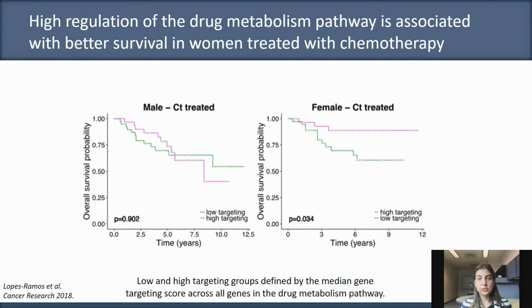All right? So to summarize, what this means is that females with a more male regulatory pattern will have a worse survival, right? And this is in a primary tumor, even before any treatment was done. So this tells us that males and females are already primed to respond differently to treatment, and this will ultimately impact their overall survival.